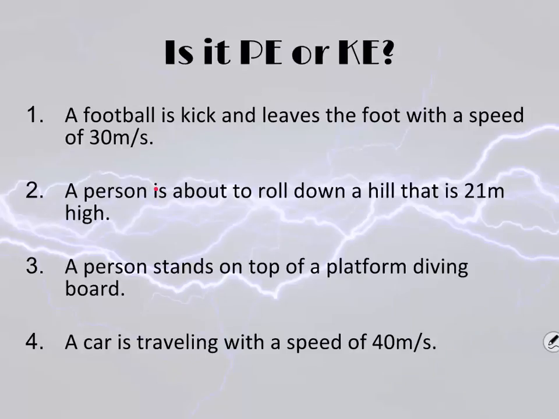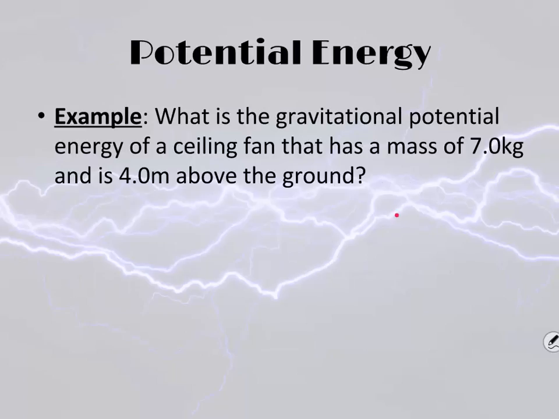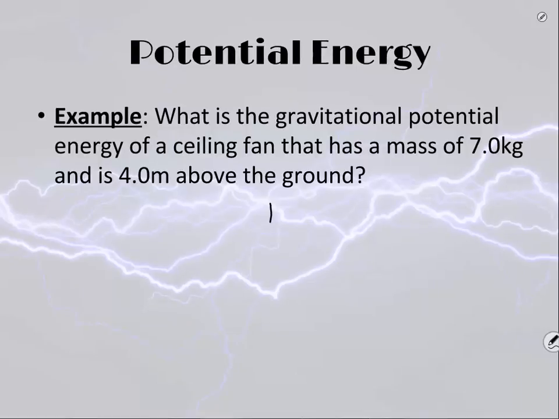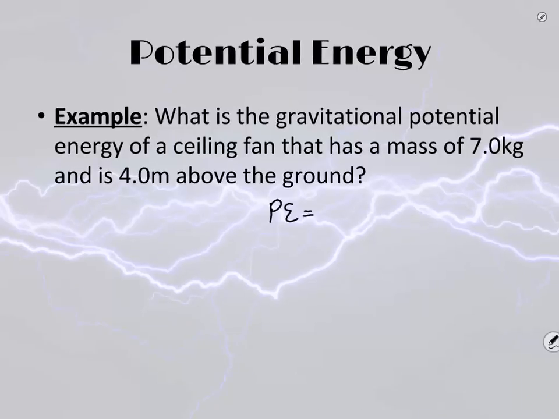Let's try an example problem. What is the gravitational potential energy of a ceiling fan that has a mass of 7 kilograms and is 4 meters above the ground? Again, we're going to write out our variables first. Our equation is gravitational potential energy equals mass times gravity times height.